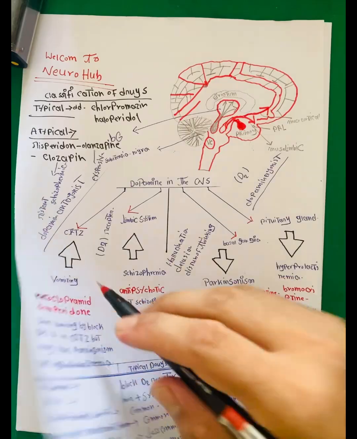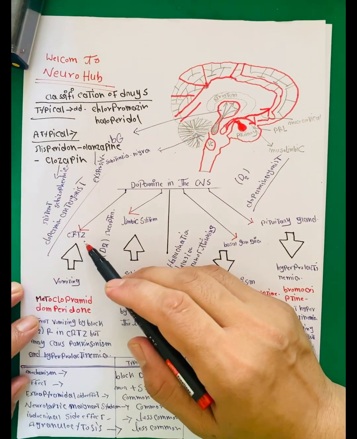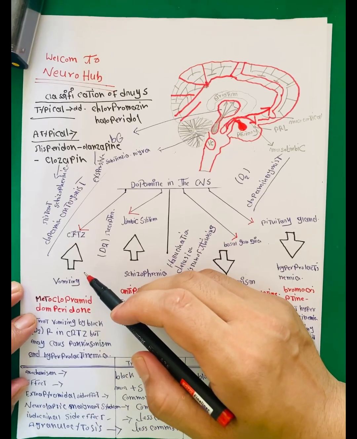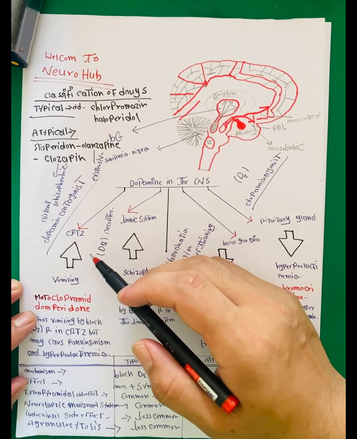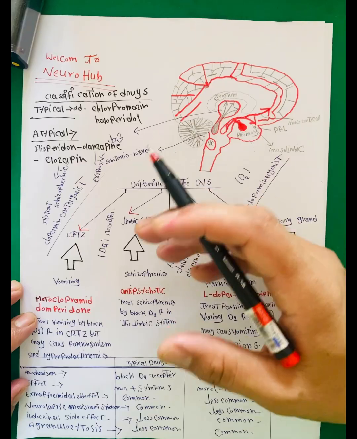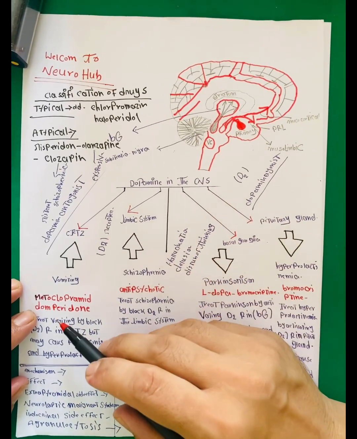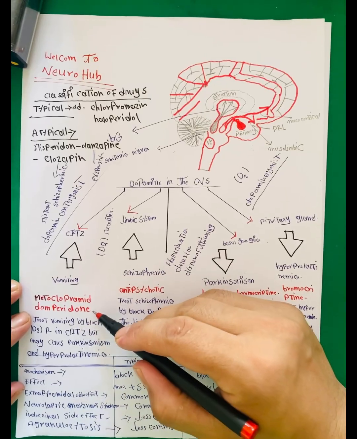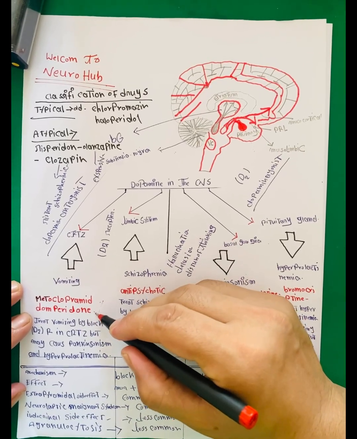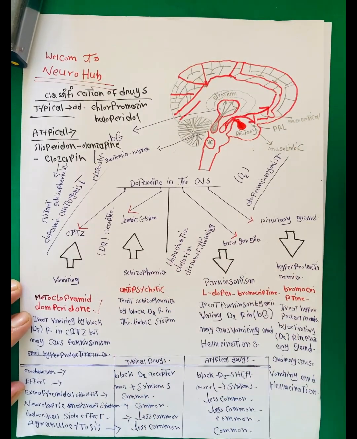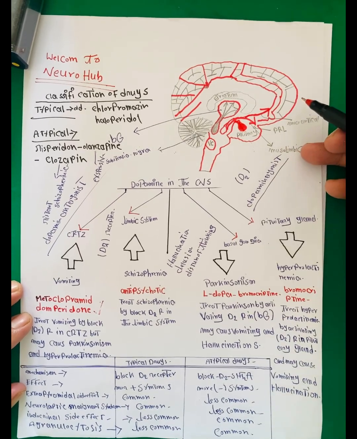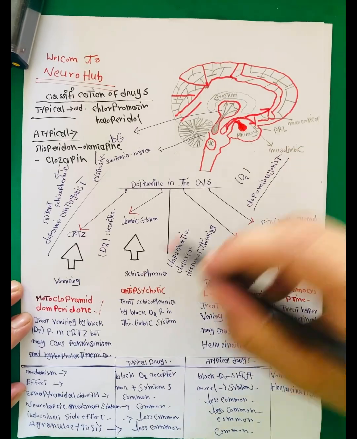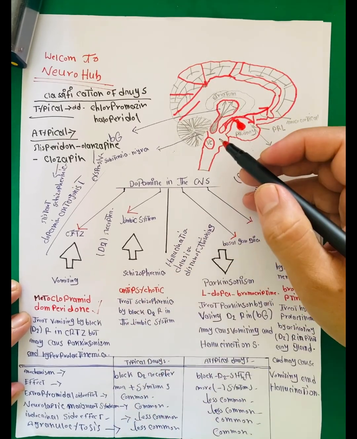So coming here, the chemoreceptor trigger zone is causing vomiting. So that's why we should give a dopamine antagonist, not an agonist, an antagonist. We are trying to reduce the dopamine here. So we can give metoclopramide, we can give domperidone. Domperidone is the best medication, because it doesn't affect the mesolimbic system, the basal ganglia or the pituitary gland that much, because it's not crossing the blood-brain barrier.